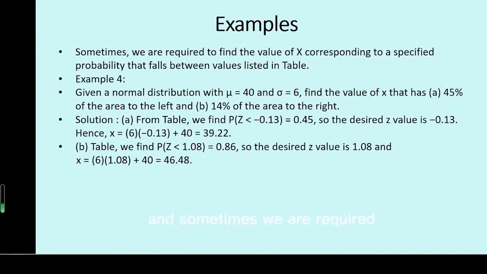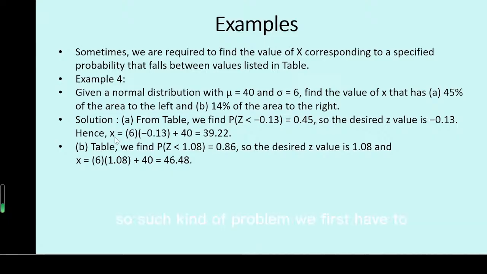Sometimes we are required to find the value of x corresponding to a specified probability that falls between the values listed in the table. So we see an example, which is also the opposite case of example 3. Given a normal distribution with mu 40 and sigma 6, find the value of x that has (a) 45% of the area to the left and (b) 14% of the area to the right.